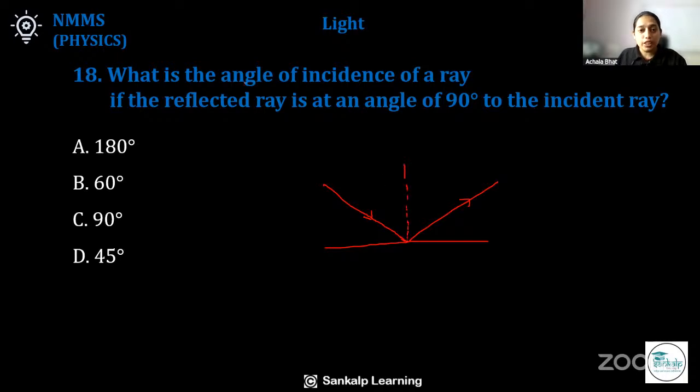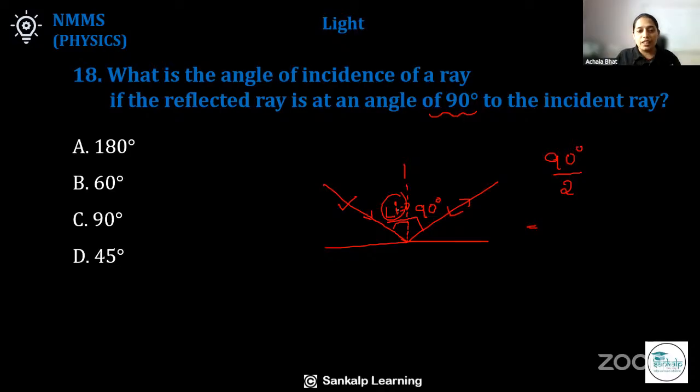What is the angle of incidence? So we have to find the angle of incidence of a ray if the reflected ray is at an angle of 90 degree to the incident ray. See, this total angle is 90 degree. That is, the angle between this incident ray and reflected ray is 90 degree. Now we have to divide this 90 degree by 2, because we know that angle i equals angle r.